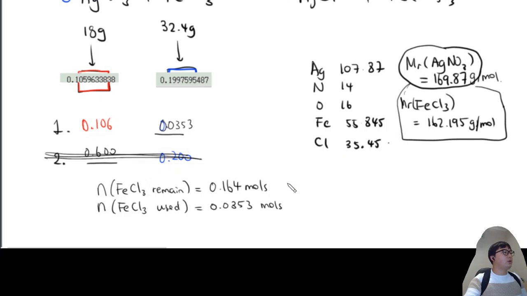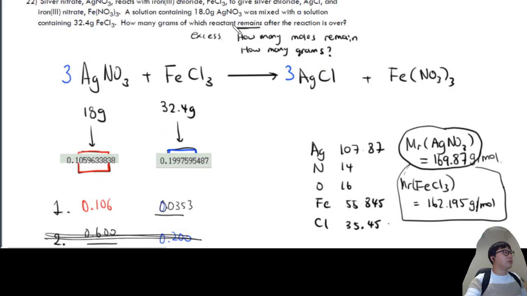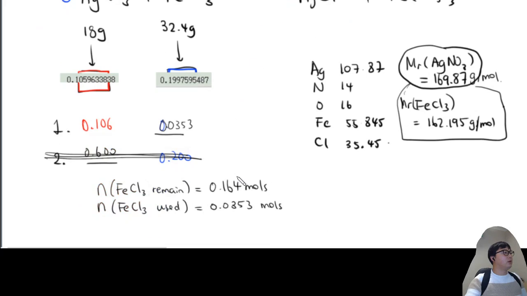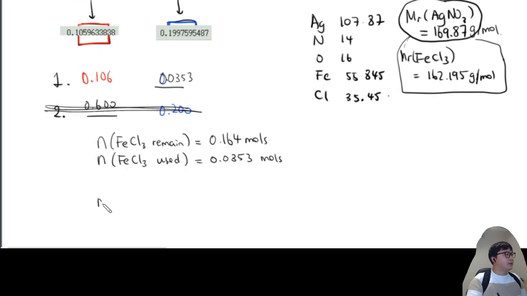Anyway, we want to know how many grams remain though, okay? So that means we need, what's the mass of the FeCl3 remaining? That's equal to 0.164 times the molar mass, right?